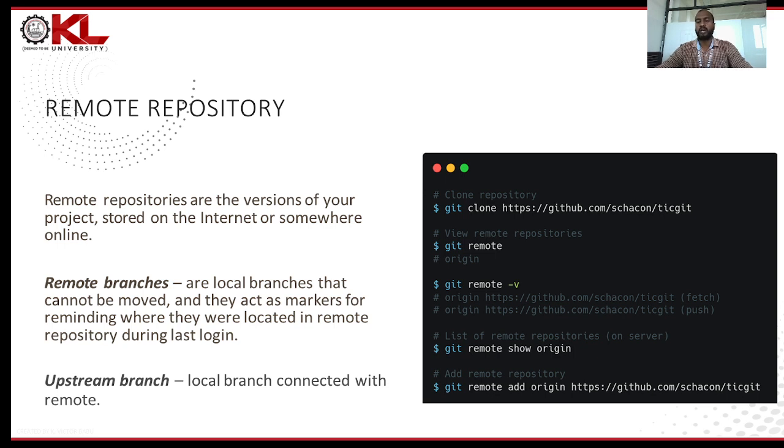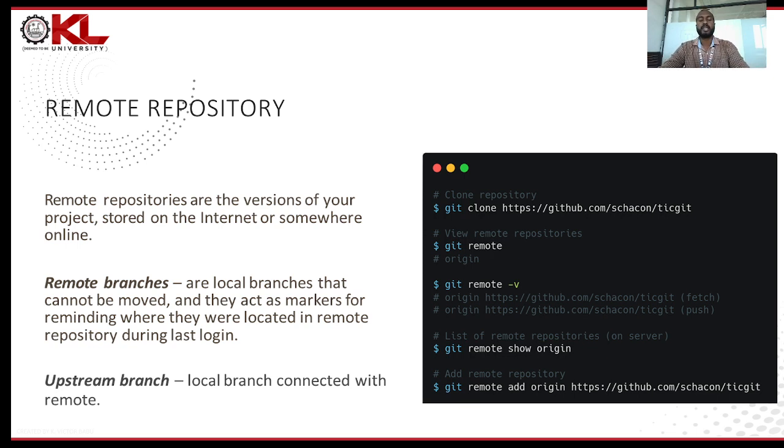To see the remote branches, the command we use is git remote. To see the versions, git remote -v. The last one lists the remote repositories on our servers: git remote show origin. If I want to add a remote repository, I do git remote add origin, followed by your repository.